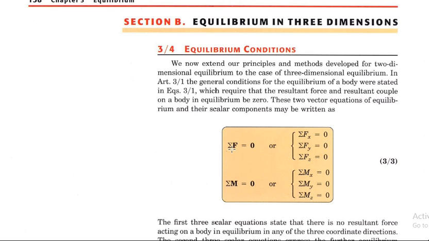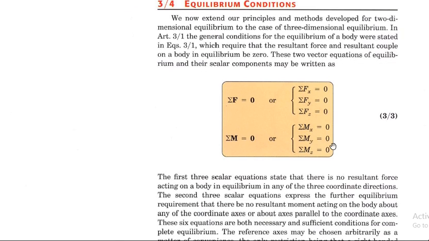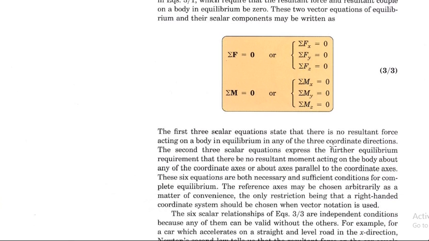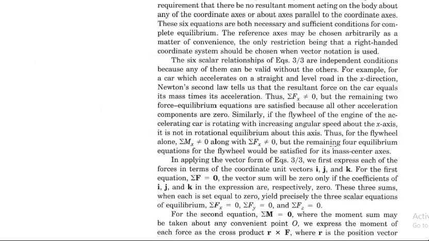The summation of forces being 0 can be described as the summation of forces in x direction equal to 0, in y direction equal to 0, and in z direction also equal to 0, because we are dealing with 3 dimensions. As far as moments are concerned, the summation of moments is equal to 0 in terms of x, y and z directions. So basically it's related to 2 dimensions, but here there is an additional third direction, the z direction.